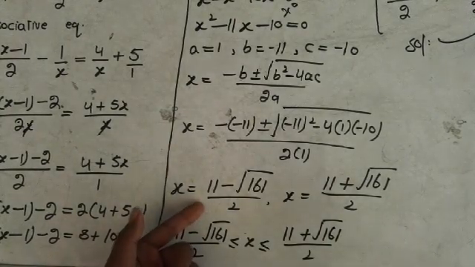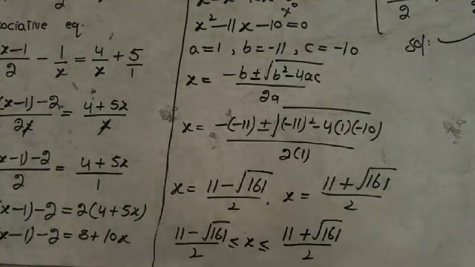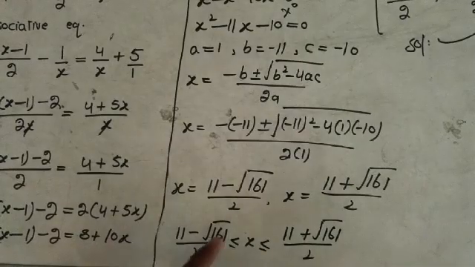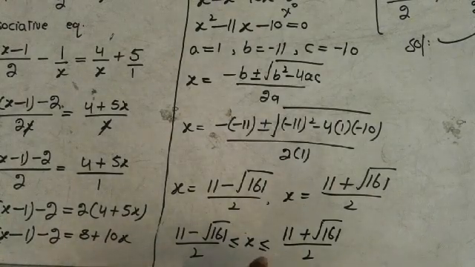This value is less than this value. So we know that x is greater than or equal to this value and less than or equal to this value. This is the solution of the inequality.